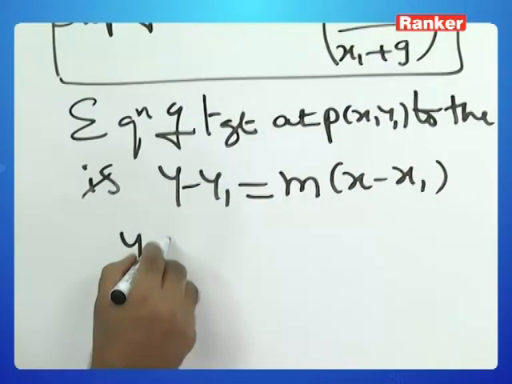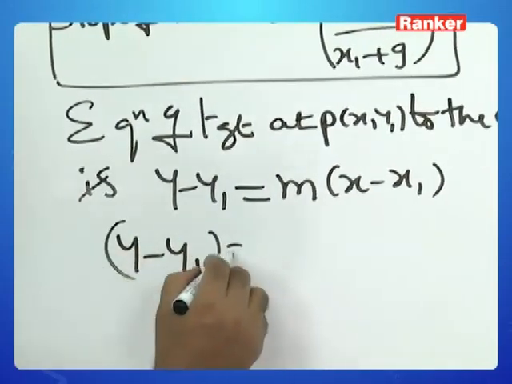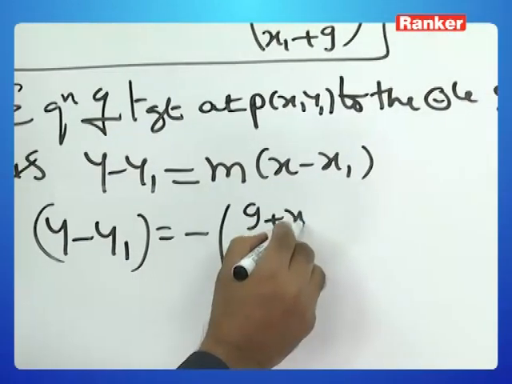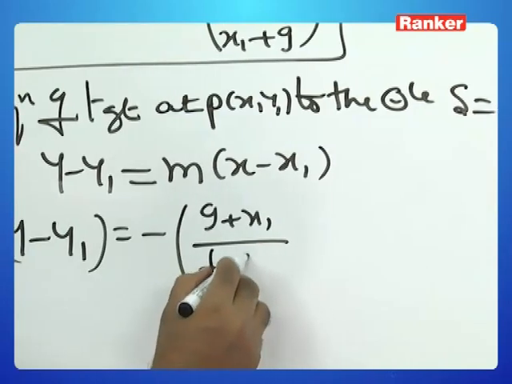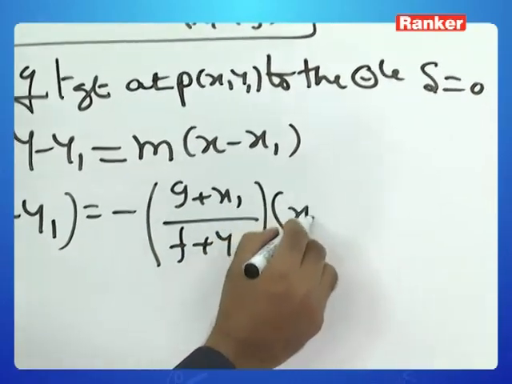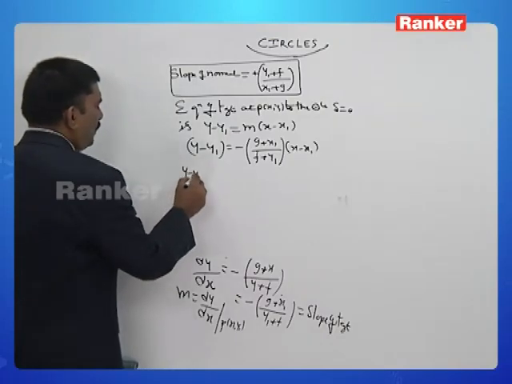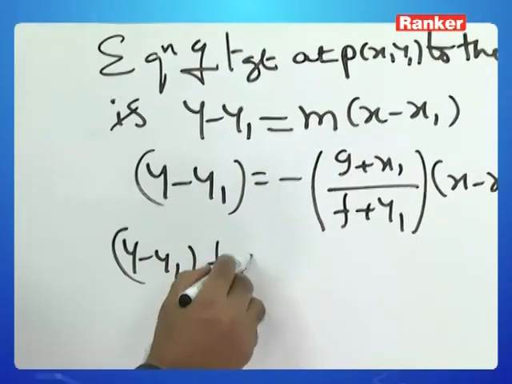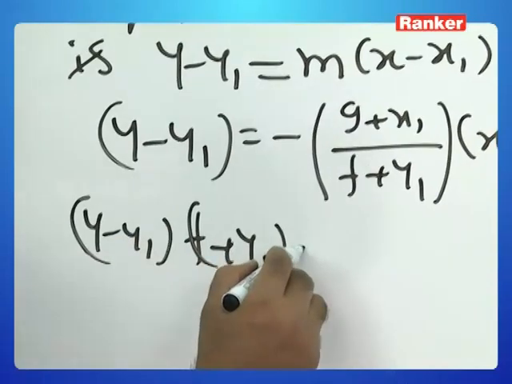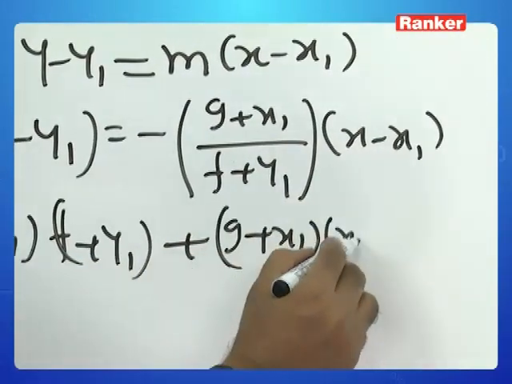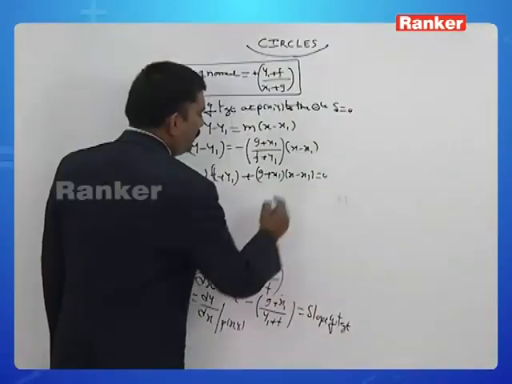So therefore y minus y1 is equal to minus of g plus x1 by f plus y1 into x minus x1. Cross multiply, this becomes y minus y1 into f plus y1 plus g plus x1 into x minus x1 is equal to 0.